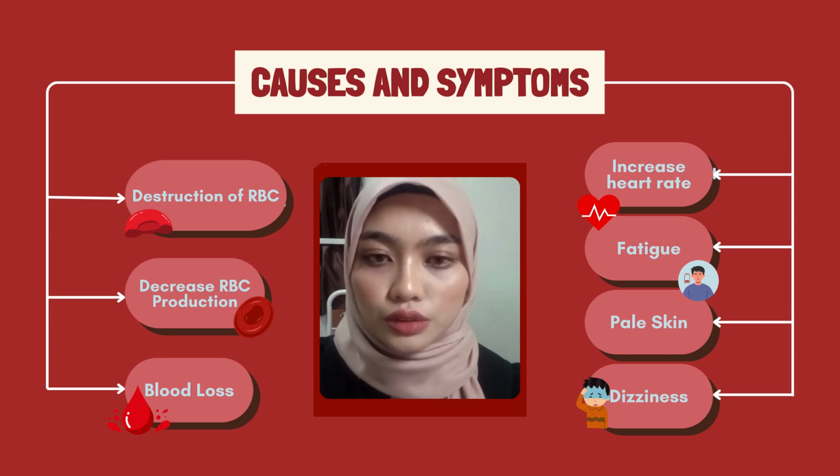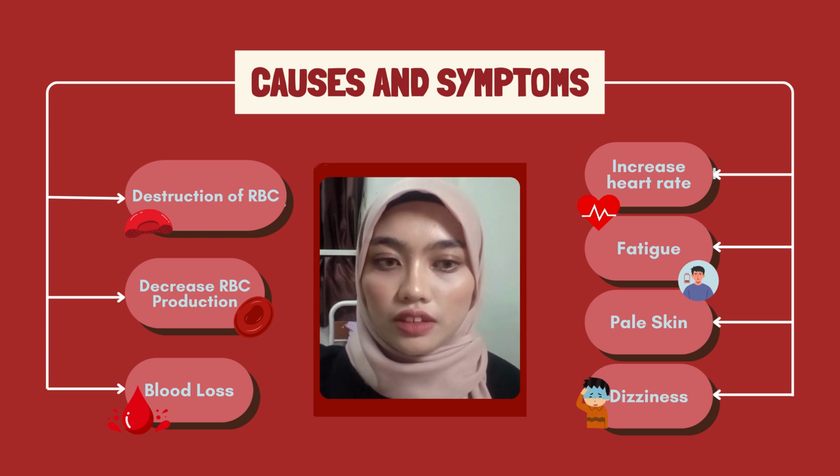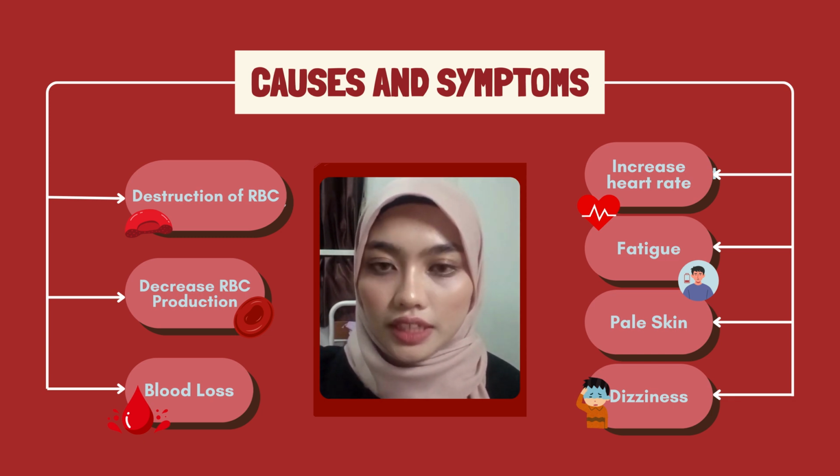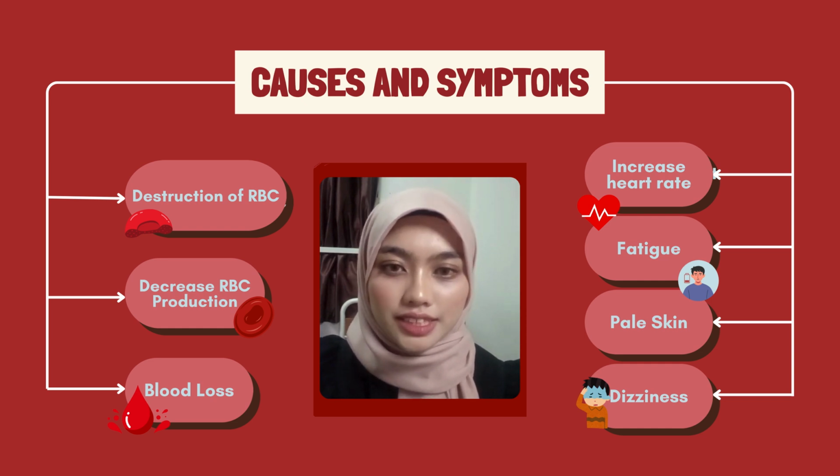It also can lead to chronic disease due to the lack of erythropoietin production that can cause chronic inflammation and kidney damage. Lastly, blood loss can cause acute or chronic bleeding, leading to a reduced red blood cell count. Symptoms of anemia: increased heart rate, fatigue, pale skin, and dizziness.